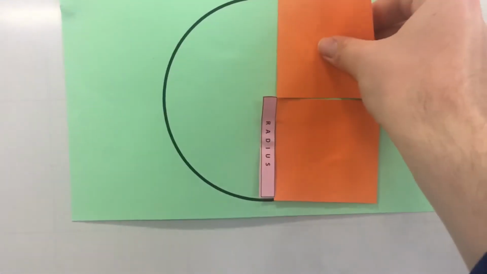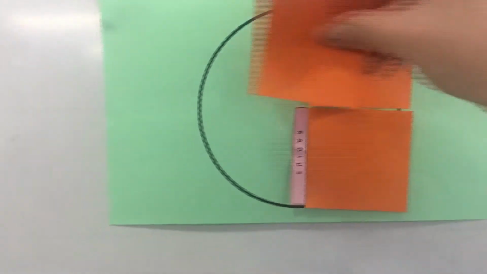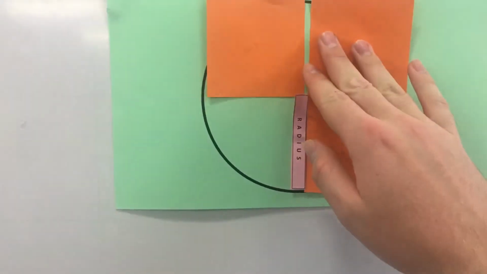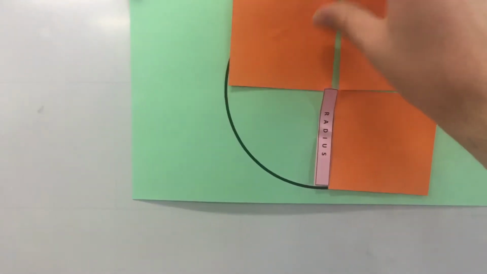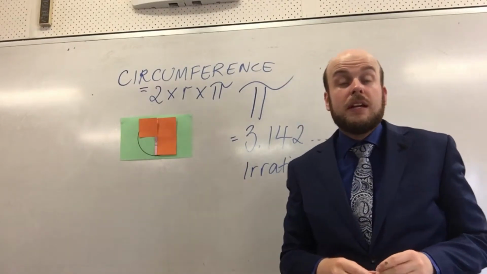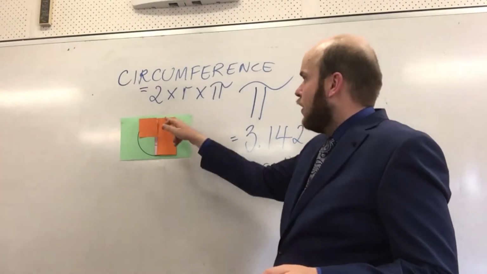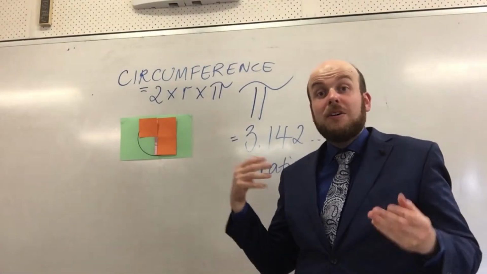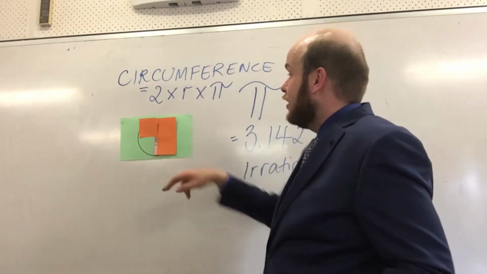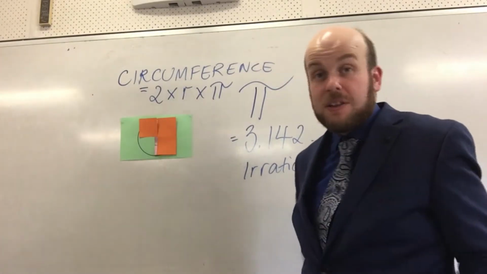1, 2, 3. Now you'll notice as I've added these squares on here that there's obviously some overhang. Well, would you believe that if I was to cut these sides off, it will fill up the other quarter?